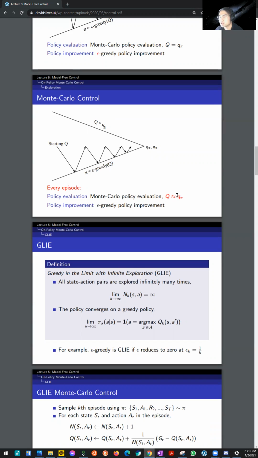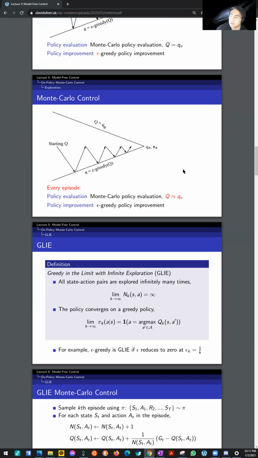But by definition, even though we enable some random actions, at the end of the day we want a policy which satisfies the global optimum. Even when you reach the end of the episode, if you're still making random actions, then by definition it cannot be considered a global optimal policy.